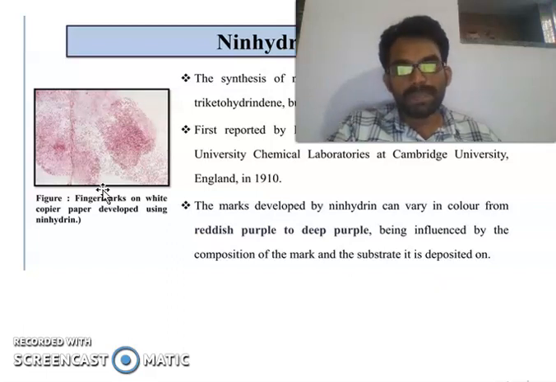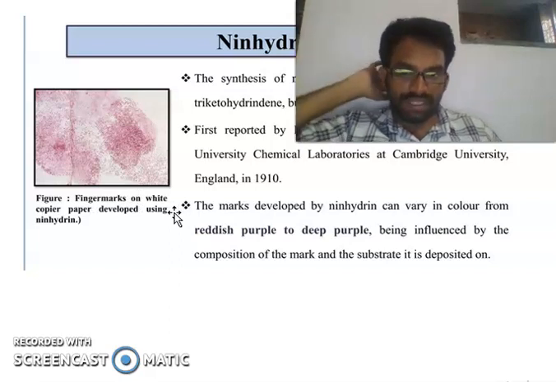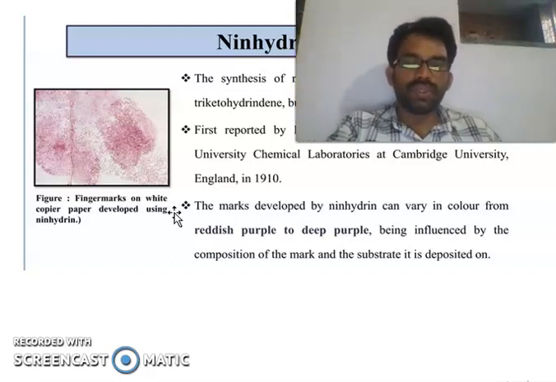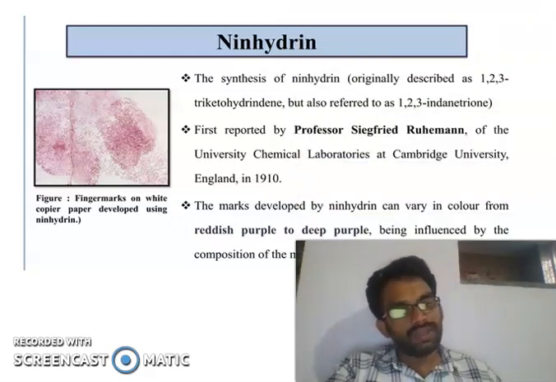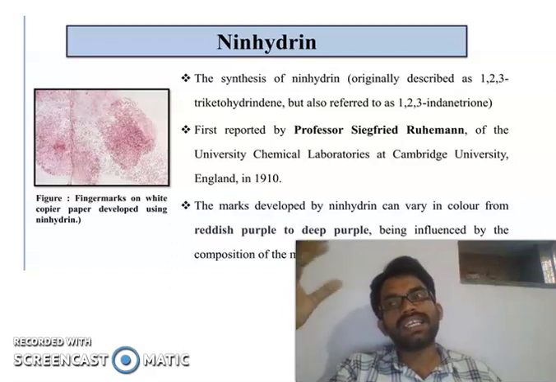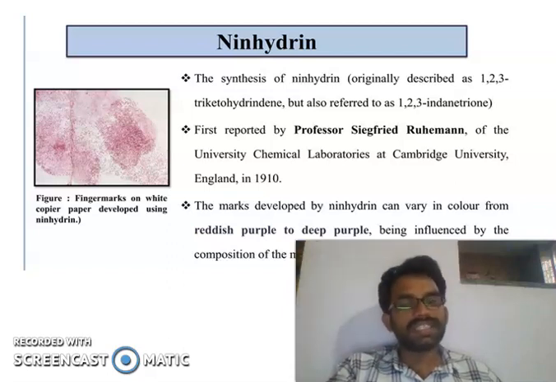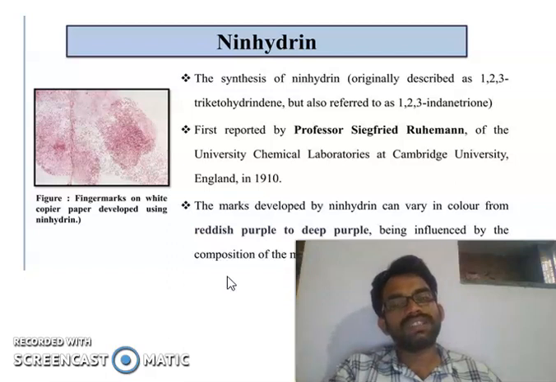You can see in the picture the various fingertips, finger marks on white copier paper developed using Ninhydrin. Suppose you touch a newspaper or any other thing, they will spray these chemicals and then you can find your fingerprint match. These techniques are used nowadays in forensic science departments to detect thieves and kidnappers.